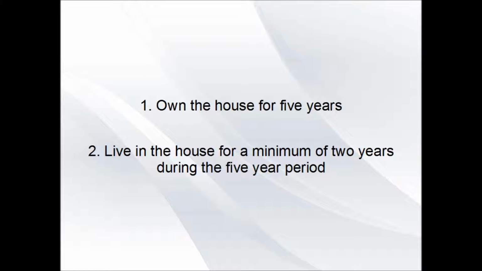If you complete these 2 tasks, you would pass the ownership and the use test. If you were to make this a rental property, those are the 2 steps that first need to be passed to register as a rental property.